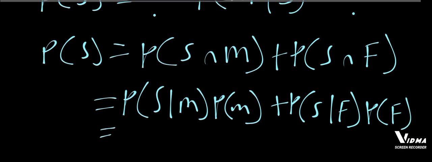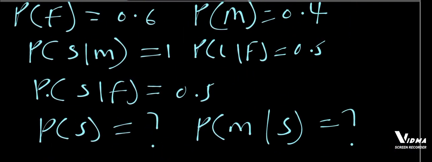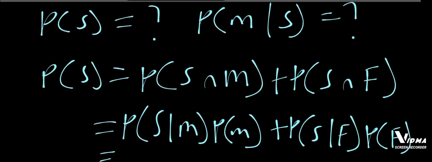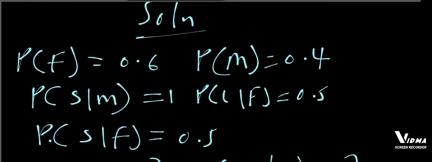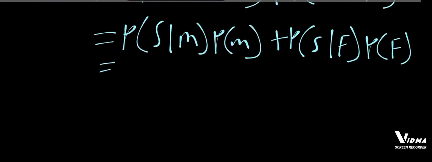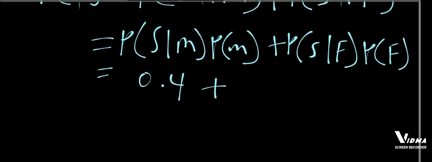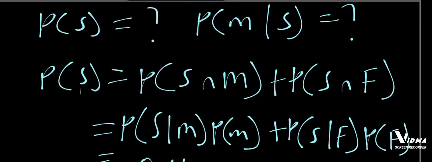And what is P of S given M? It is 1. What is P of M? 0.4. So you write that here, 0.4. What is P of S given F? It is 0.5.